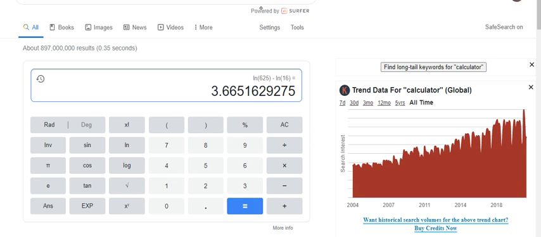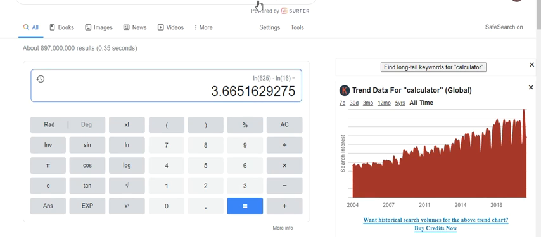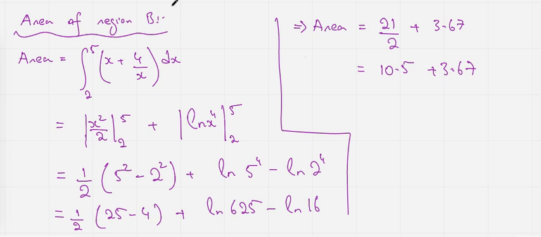So it is giving me 3.66 or 3.67 on rounding. So it is 3.67, and this is going to be 10.5 plus 3.67. When I add 10.5 to it, it is giving me 14.16, approximately 14.2.